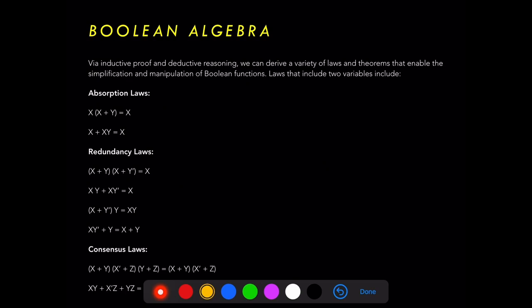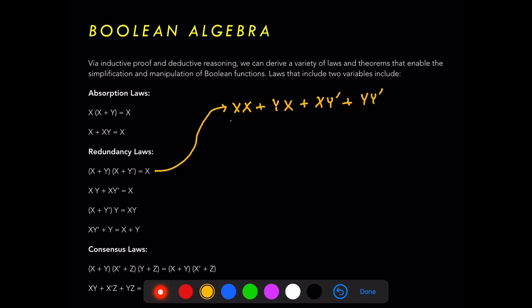So let's take the first redundancy law as an example of how we might apply deductive reasoning to prove that this law is actually true. So what we'll do here is we'll just multiply through x and x, or y and x, or x and y naught, or y and y naught.